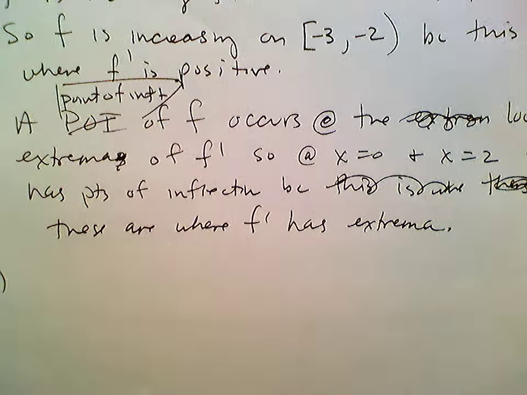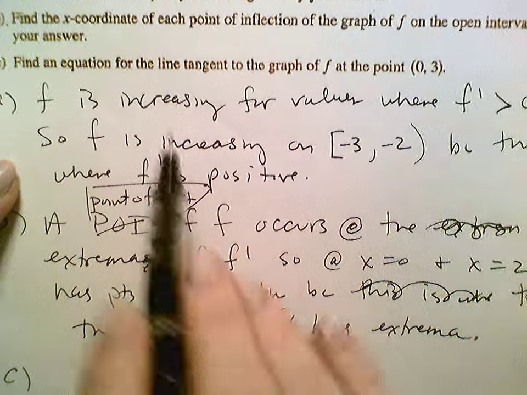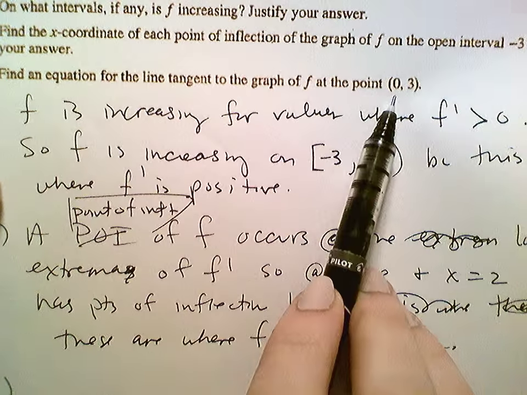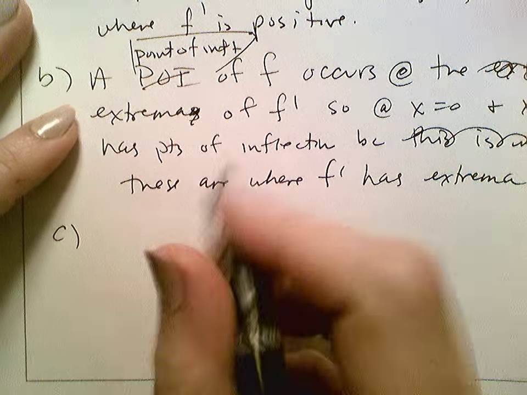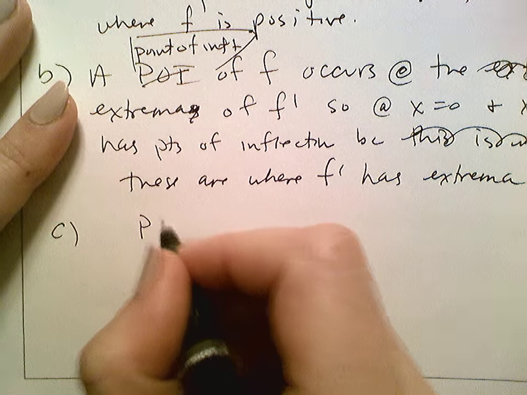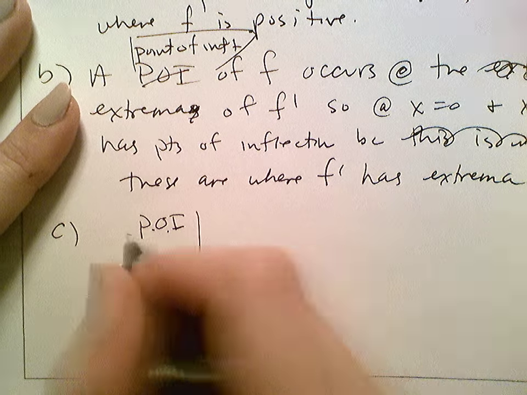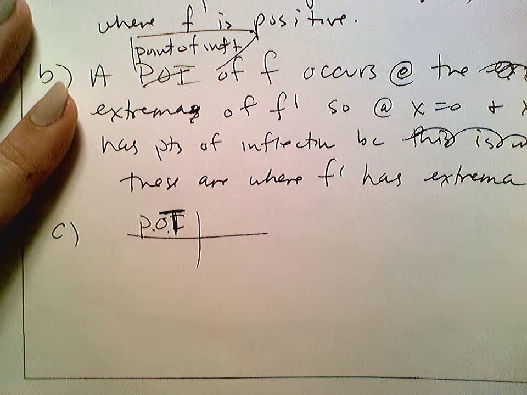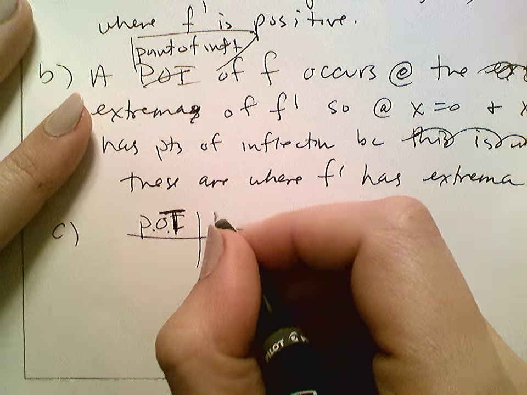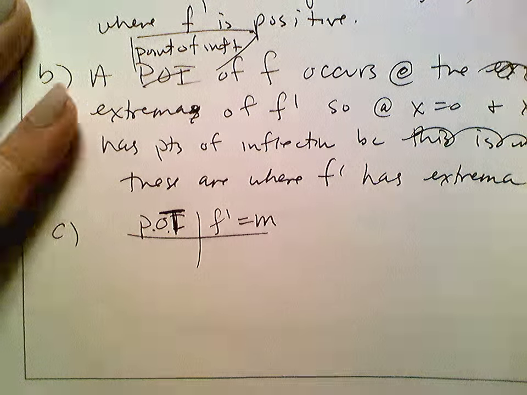Okay, so part C, find an equation for the line tangent to the graph of f at this point. I'm going to need to use the point-slope formula. So I need the point of tangency, and I need f prime because that's going to give me the slope.